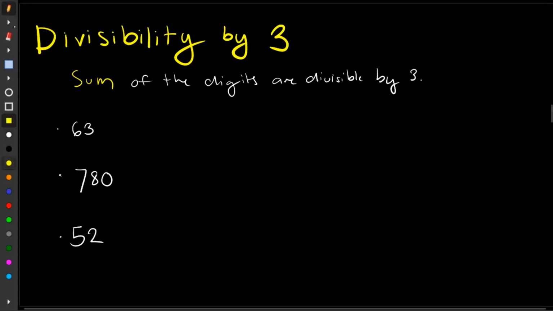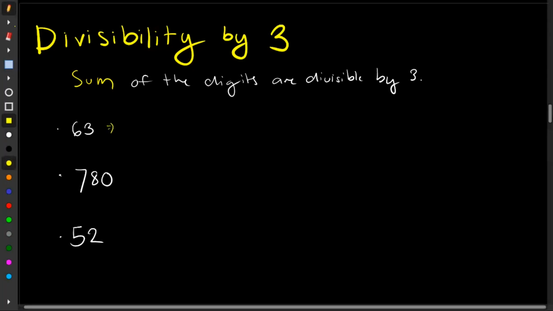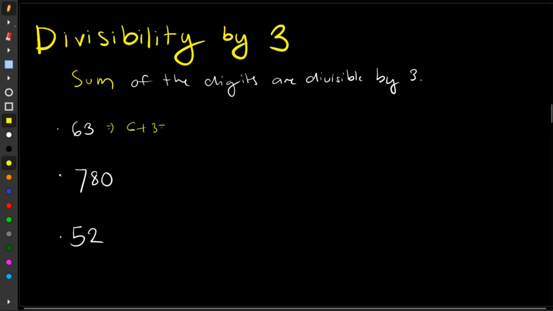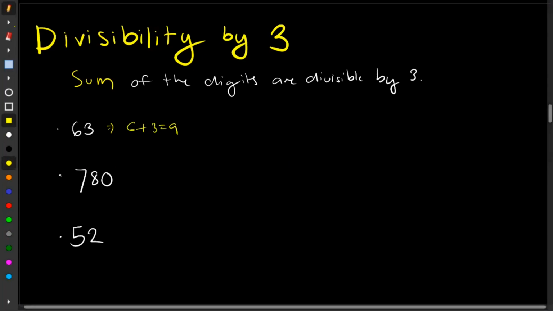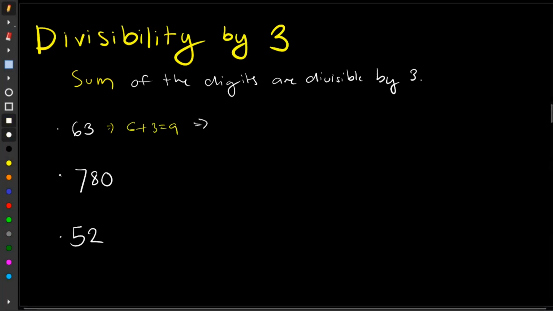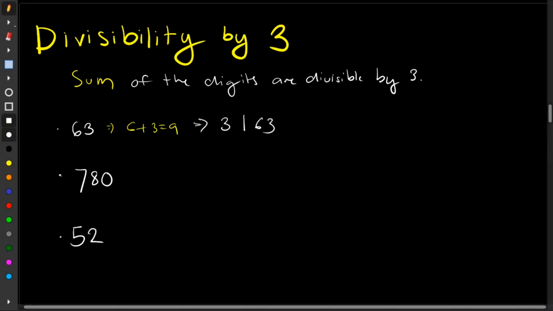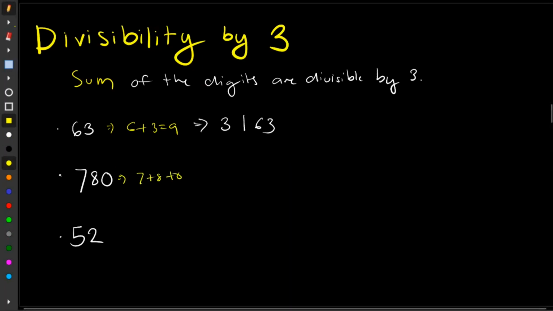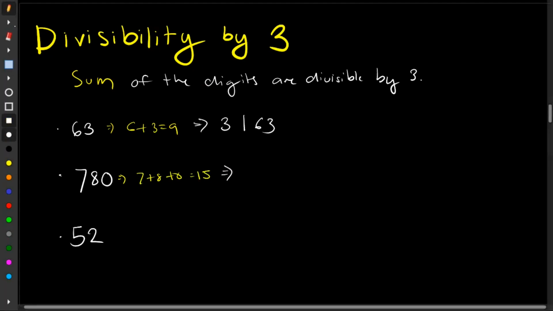For this example, we know that 6 plus 3 is equal to 9, which is divisible by 3. So we say that 3 divides 63. On the other hand, we have this one, 7 plus 8 plus 0, which is 15 plus 0. It's also divisible by 3. So 3 divides 780.